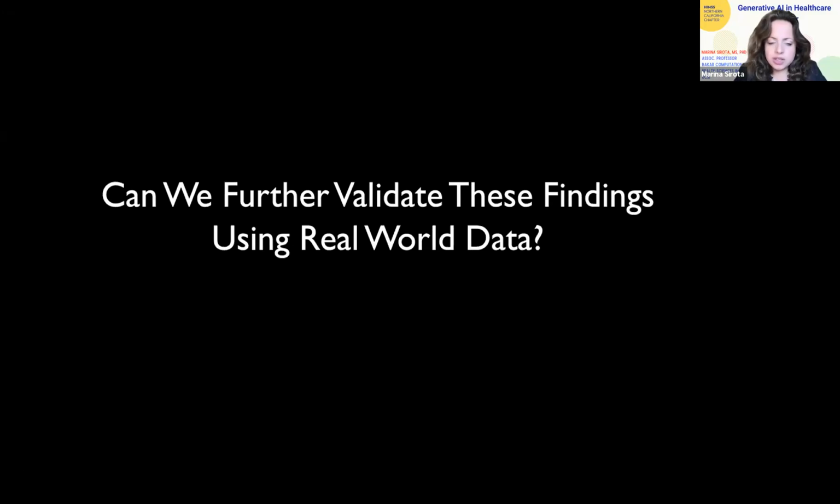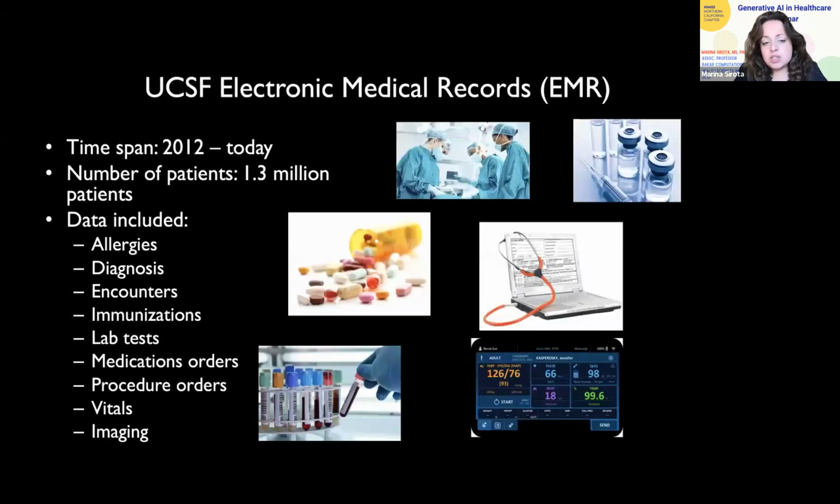However, we wanted to validate this, in addition to looking at animal data, with real-world clinical data. So we went to the electronic medical record data at UCSF. At that time, we had information on about 1.3 million patients, which include a number of different measures, including diagnosis codes, lab test results, and medication orders, as well as others.